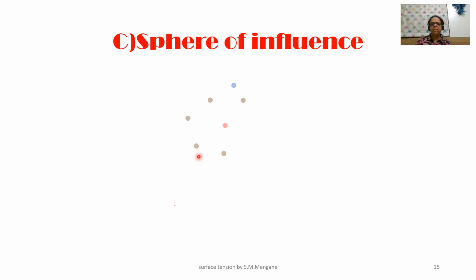Imagine the charge is placed at point A, and other charges are placed at points B, C, D, E, etc. Then if these charges are brought into the electric field, the electric field exerts a force on them.